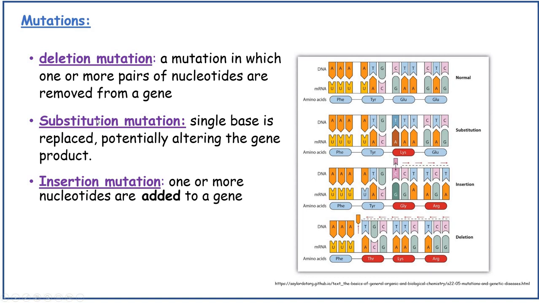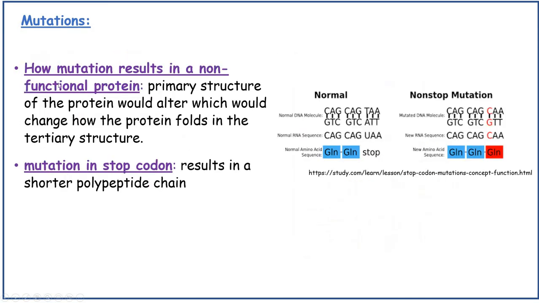You've got a substitution mutation, where a single base is replaced, potentially altering the gene product. Insertion mutation, where one or more nucleotides are added to a gene. So deletion is taking one away, substitution is swapping one, and insertion is adding a base.